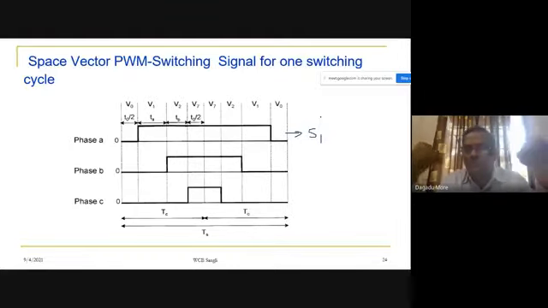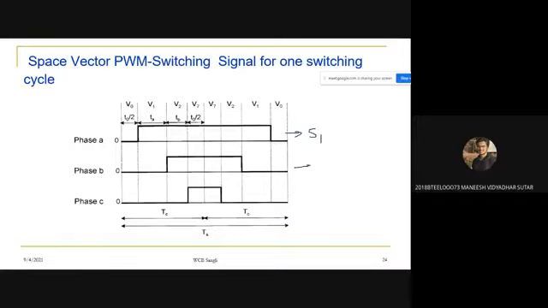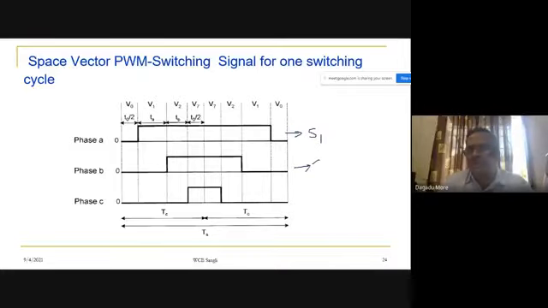Once we show the switching signals for the upper three, the lower three are also known. So this is for S1. Phase B means device S3, and phase C means S5. This is the switching signal for these three devices: S1, S3 and S5.